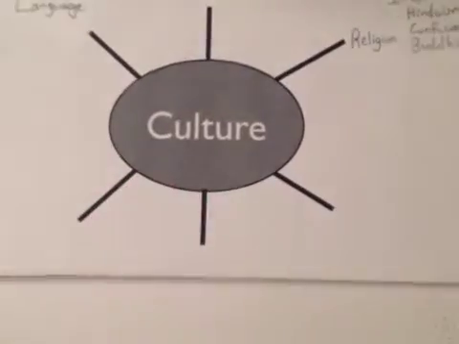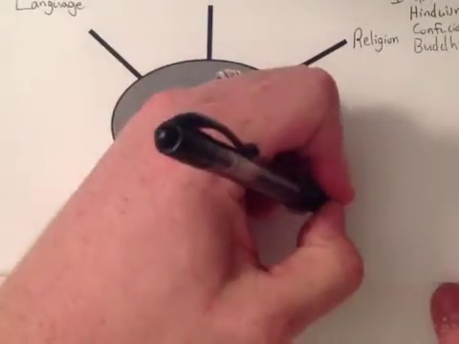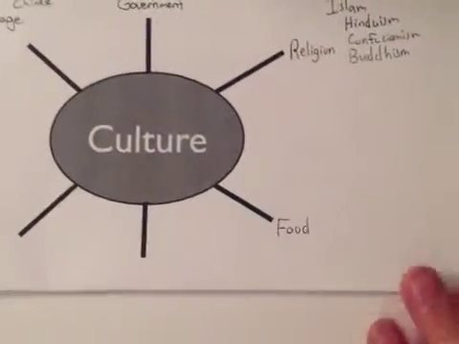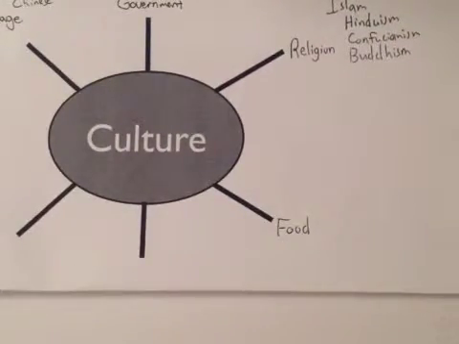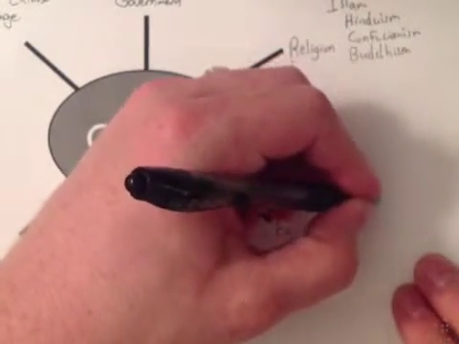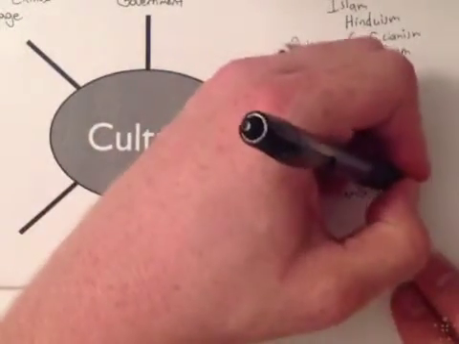Another aspect of culture that we're going to be looking at is food. We all love food. So we have different styles of food that we can talk about. People always look at Mexican food or Chinese food or American food. So, some examples: hamburgers in America.